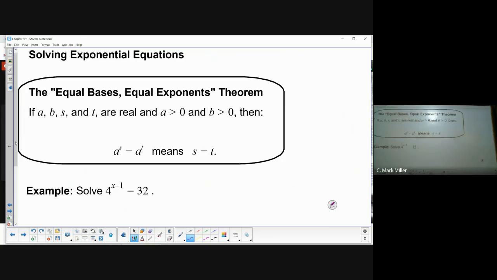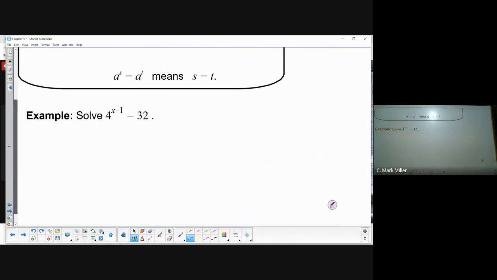So let's take a look down here. We've had this discussion. 4 and 32. Well, 32 is not a power of 4, but they're both powers of 2. We did one similar to this. 4 to the x minus 1 equals 32.